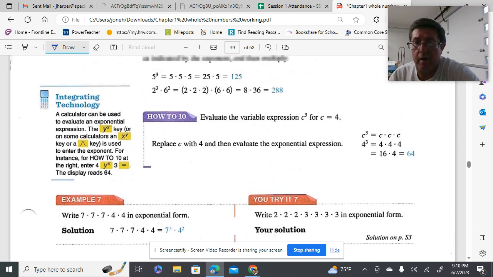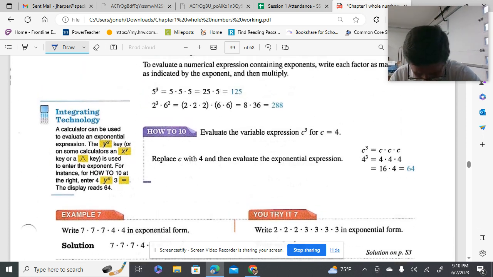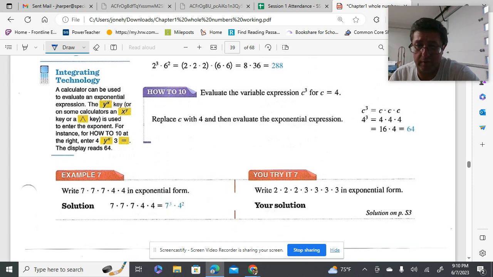For most of the time, I would just use the YX button. Remember that. It's right under the off button. And why is it so apparent? Because you're going to use it often.